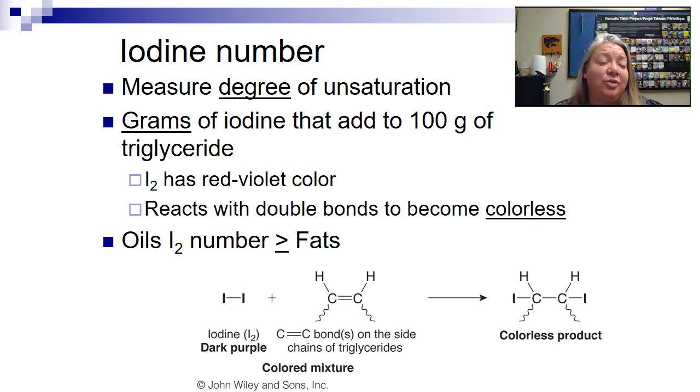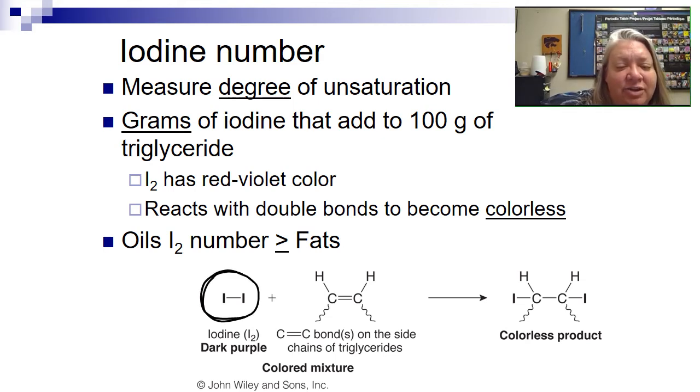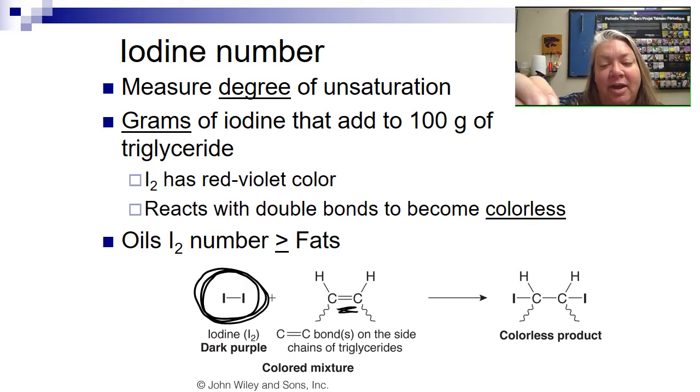Now, iodine normally has a red-violet color. So if we look at the equation on the bottom, here's iodine, this I2. This is generally going to be a dark color, like a dark violet reddish color. And if we add it to something that has a double bond, those iodines are going to attack that double bond.